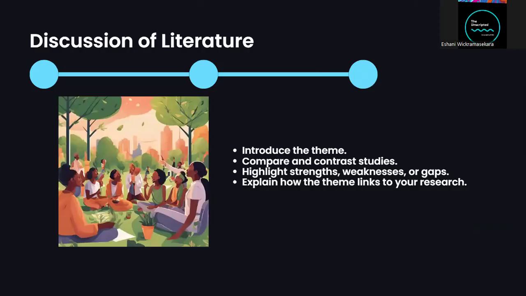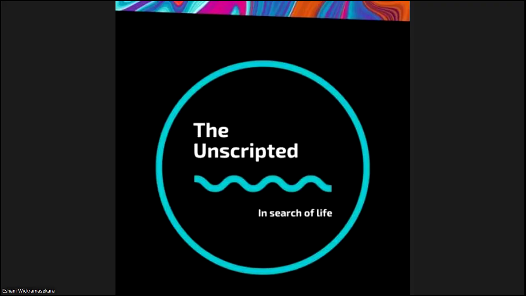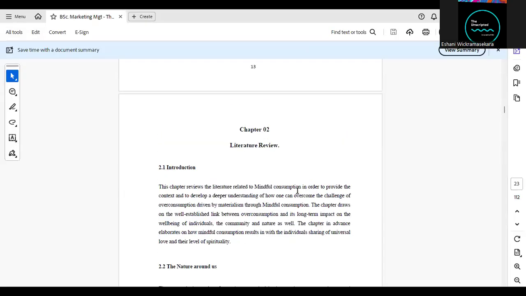It depends on your topic, where you can find different themes, concepts, or theories that are specifically relevant to your study, and have a literature review for those key themes that you have identified, right? So let me show you my example. My study was basically on mindful consumption practices of consumer activists in Sri Lanka.